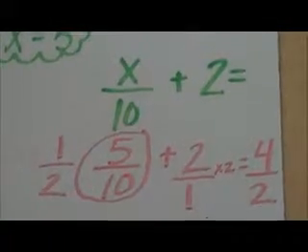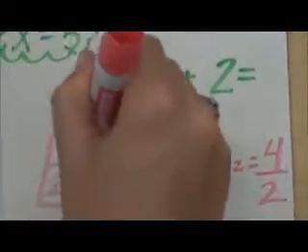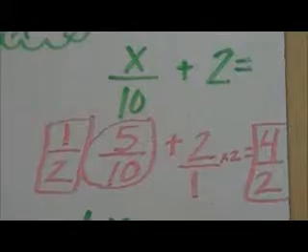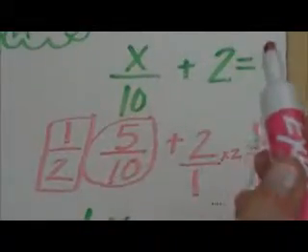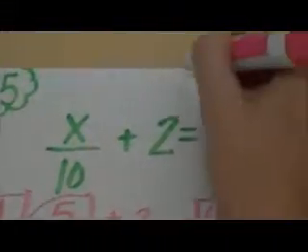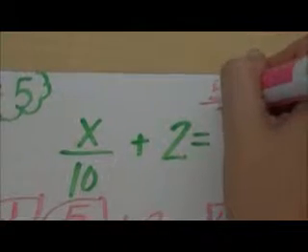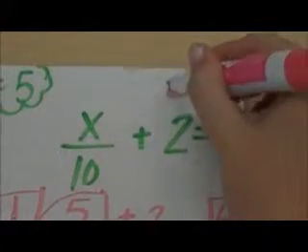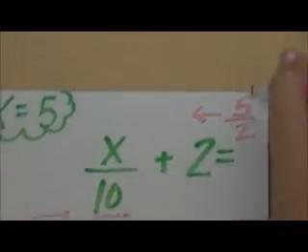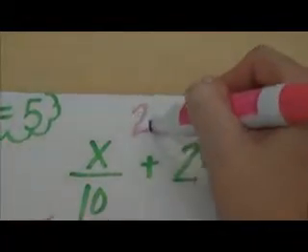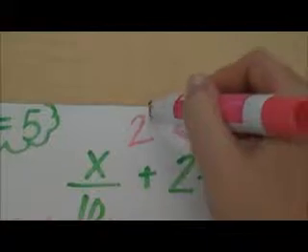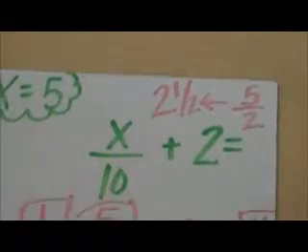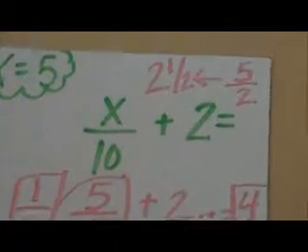So I'm going to add 1/2 plus 4/2, which is 5/2. Sorry, I'm running out of space here. 5/2. Okay, and to change that into a mixed number, I can think 2 goes into 5 two times, with 1 left over, and my original denominator of 2. So 2 1/2 is your answer there.